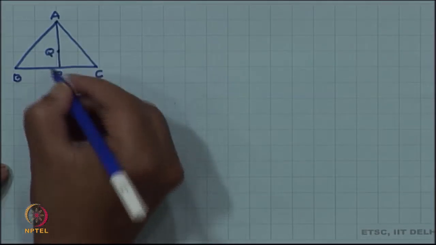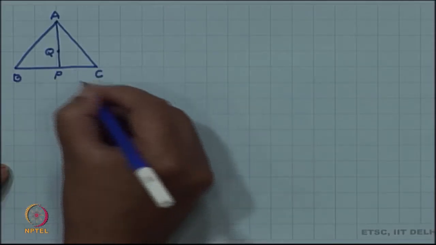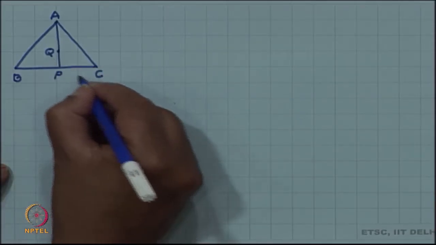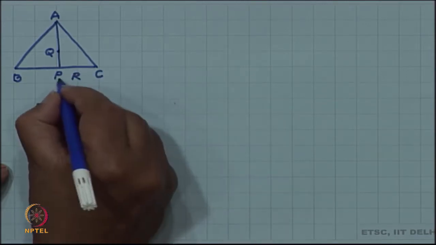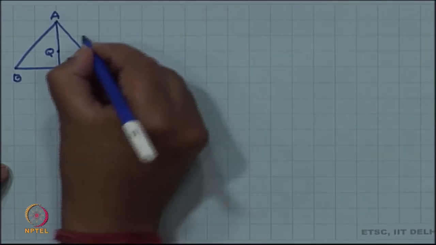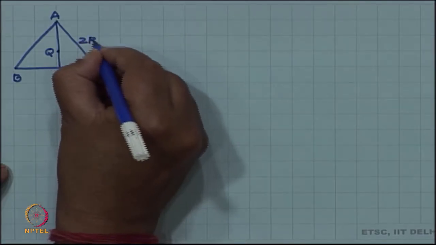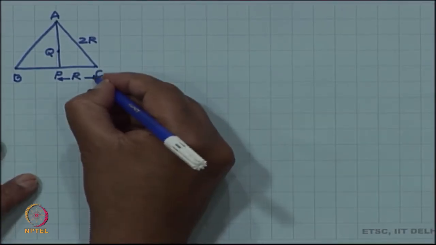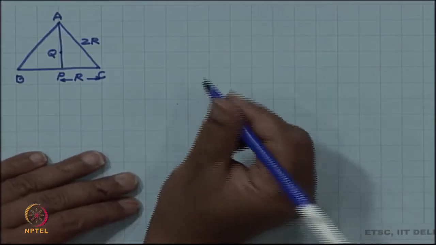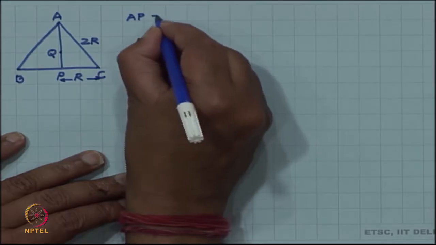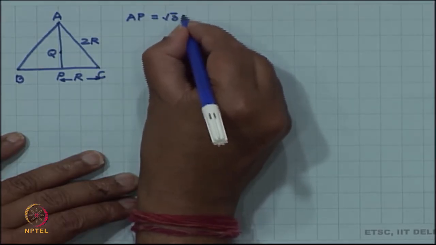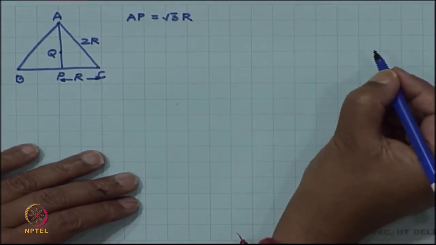AP is the perpendicular from A on BC, and we have PC equal to r, and AC equal to 2r, and we just found that AP is root 3 r.